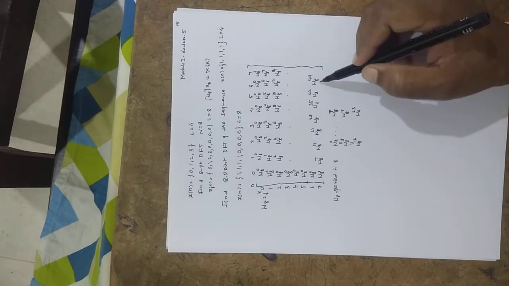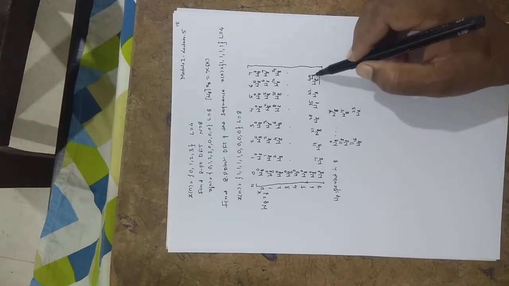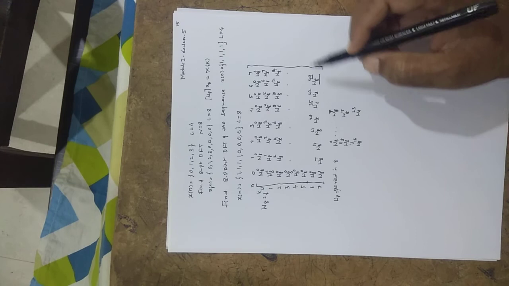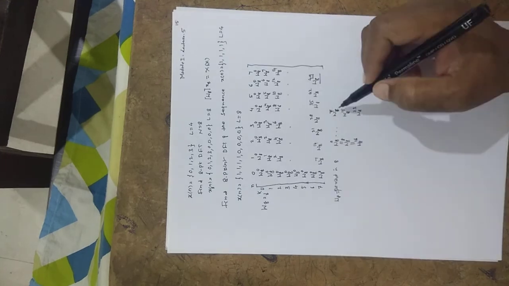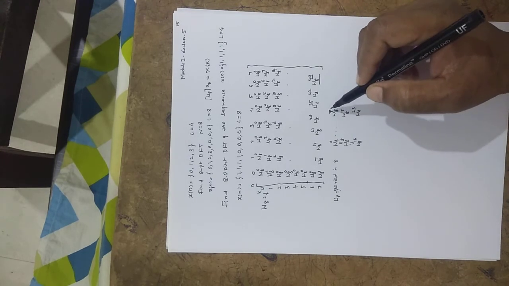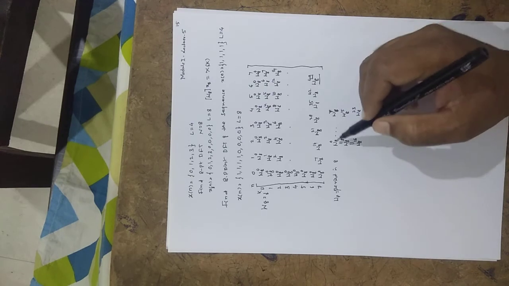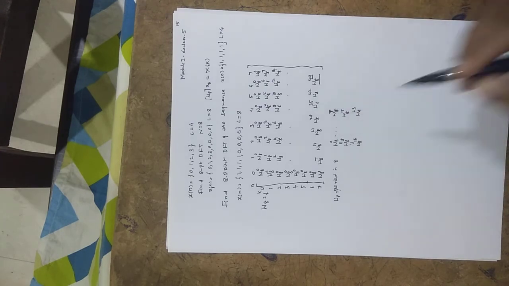See, the last value of this one is 49. All the values other than W8 raised to 0 to W8 raised to 7 are to be replaced by W8 raised to 0 to W8 raised to 7.